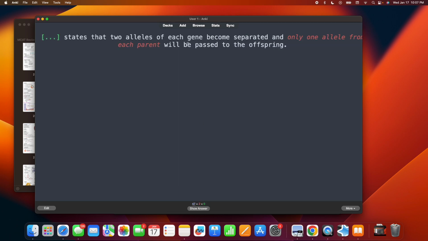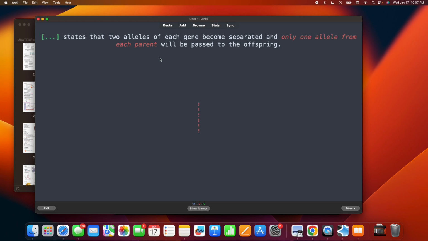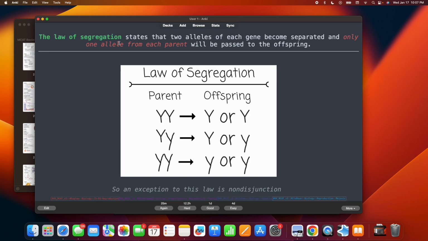What states that two alleles of each gene become separated and only one allele from each parent will be passed to the offspring? Independent assortment, law of segregation. It says that two alleles of each gene become separated.